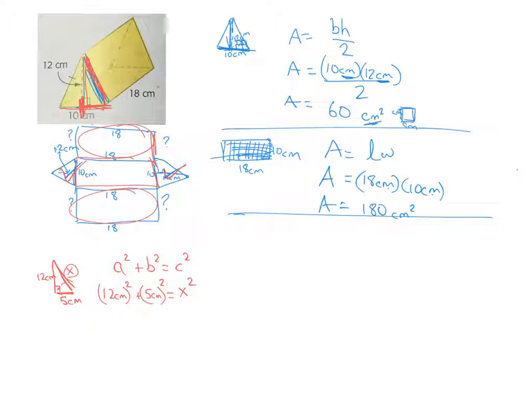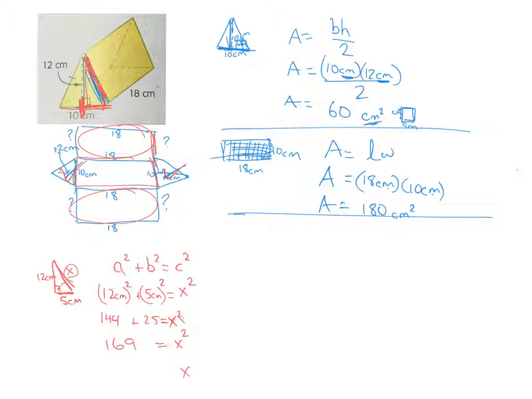So the question is, how do we go about solving this? Well, what you're going to do is you're going to do 12 squared, which is 144, plus 5 squared, which is 25, equals x squared. Now 144 and 25 gives me 169, which equals x squared. How do we isolate the x and get x by itself?